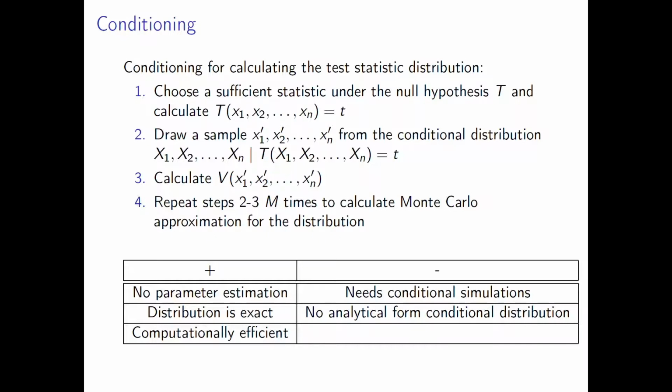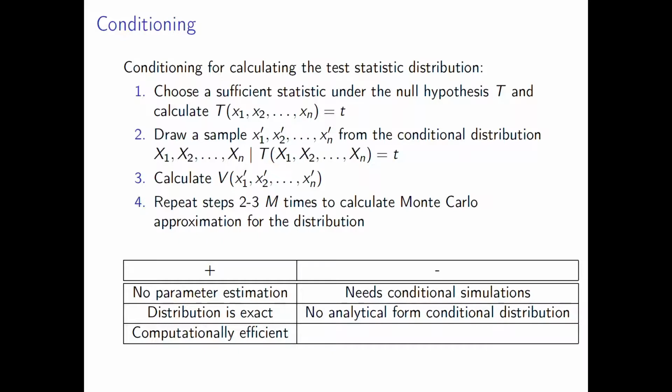So once we have chosen the sufficient statistic under the null hypothesis, we calculate its value. So that's the small t for the particular data set that we are given.